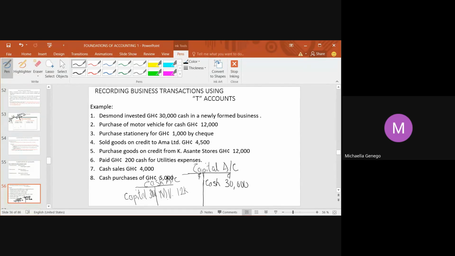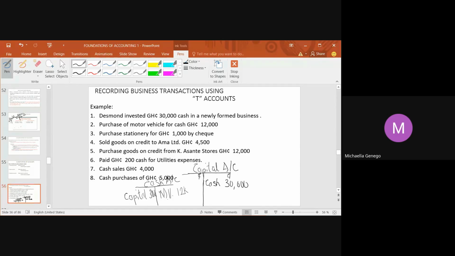Yes, but the company would have a lot of different assets, and you can't mix them up in one account. So you have to be specific on the asset account you are opening. Are you okay? Yes, madam. So as I was saying, you see the first example we had what? Capital account and then cash account.